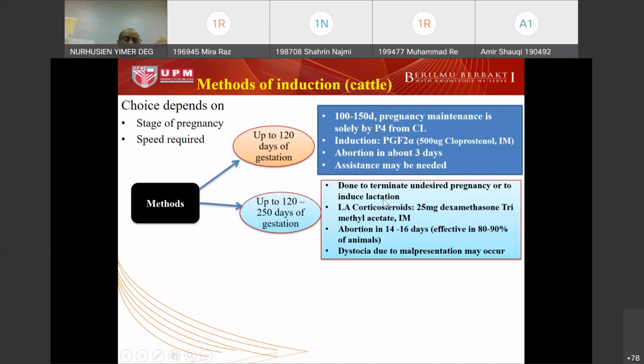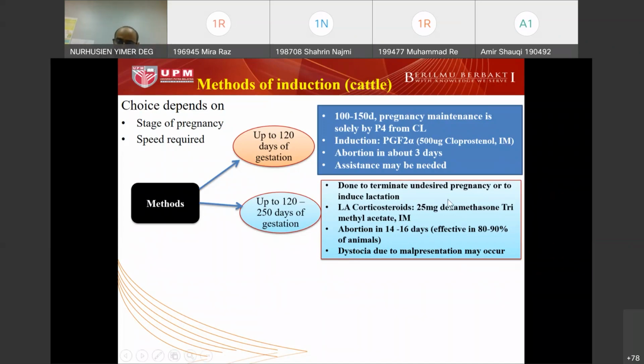You know that from the beginning we have the corpus luteum, but as time goes on, the placenta also starts to produce some amount of progesterone. So it's not only the CL, the corpus luteum, in charge of progesterone production, but also the placenta. So when you consider induction of parturition during this period, you have to opt for a method that will address both sources of progesterone.